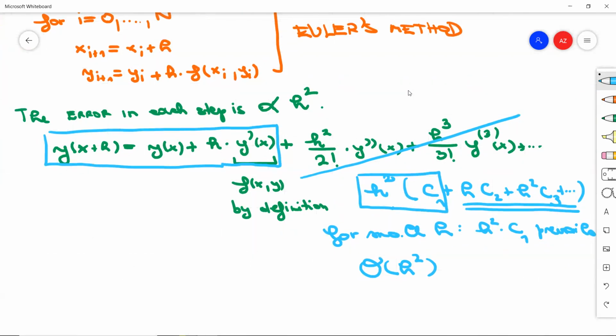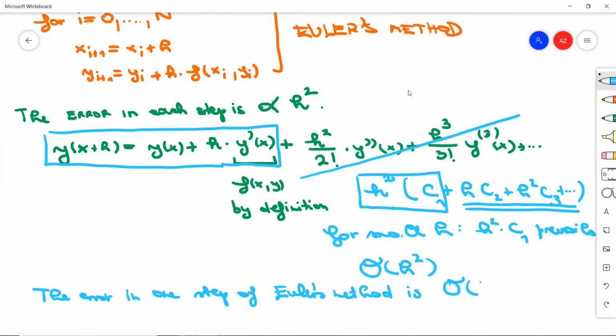That's why the error in one step of Euler's method is of size, big O notation, of h squared.